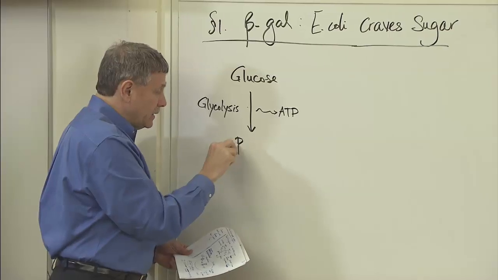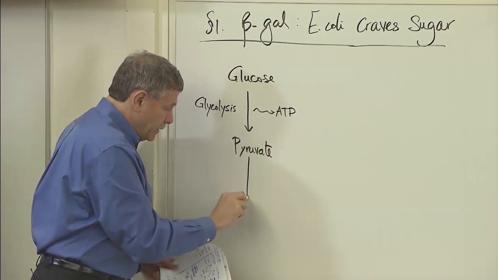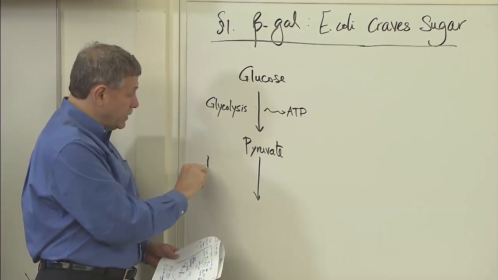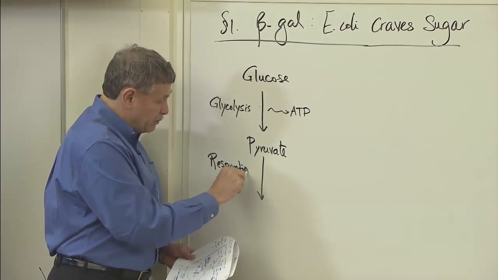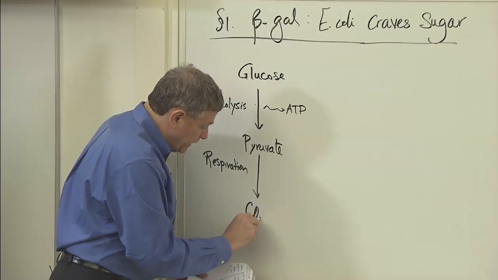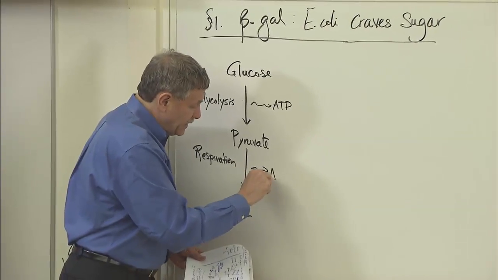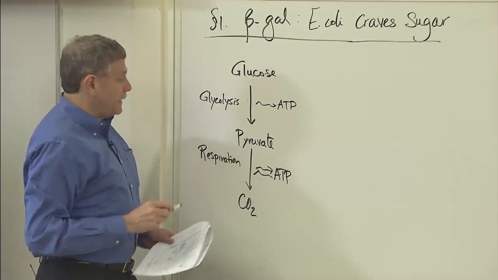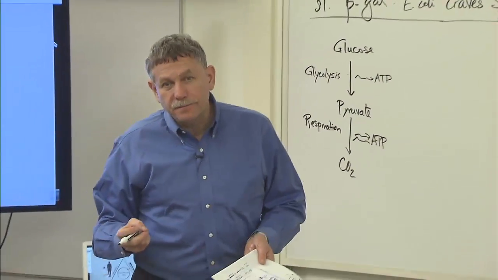That yields pyruvate. And then when there's oxygen around, respiration here, the respiratory chain gets you all the way down to carbon dioxide, and you get a lot more ATP. That's all great. What if there's no glucose?